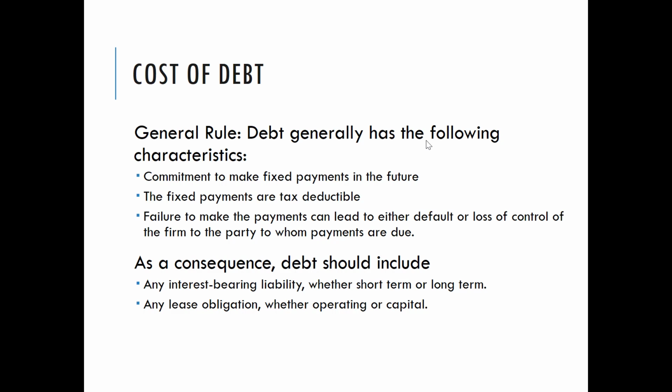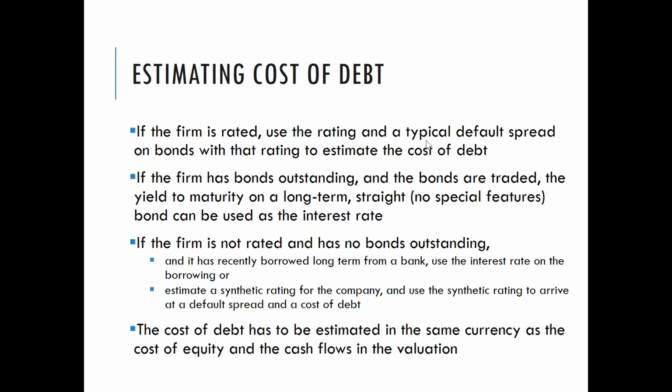So the definition is not necessarily the problem here. When we're trying to figure out how much the cost of debt is, so what is the percentage rate, that's where you start to have a number of different options. And again, cost of debt is not necessarily too controversial, but you still have a few different options.